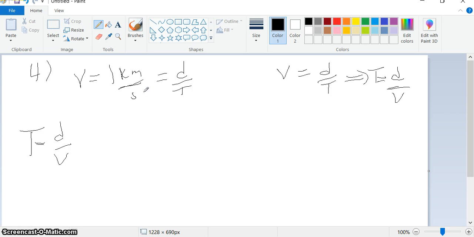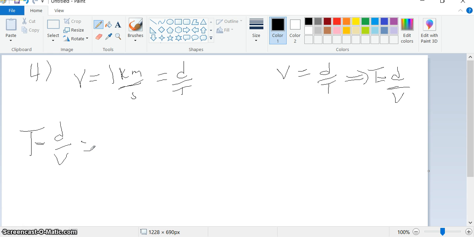So the way that we do this is we take this equation, v equals d over t. That's just this normal velocity, no acceleration. Let's algebraically rewrite it for t. So we multiply both sides by t, divide both sides by v. You get t is equal to d over v. So what did they give us?